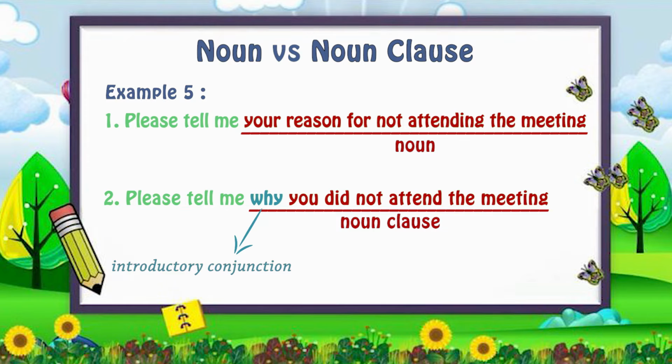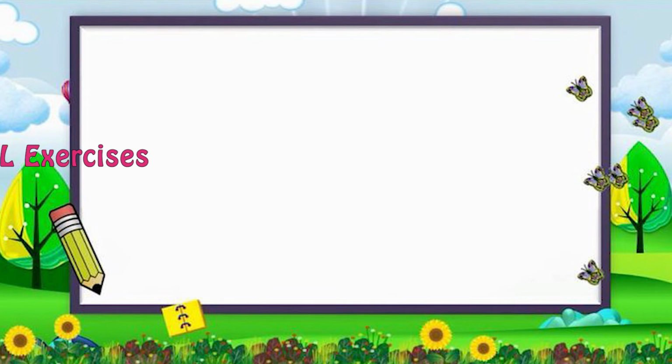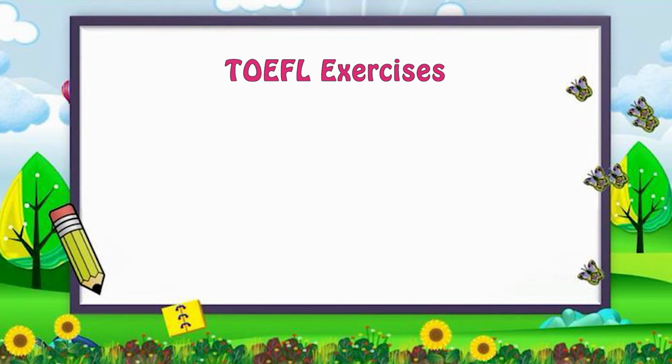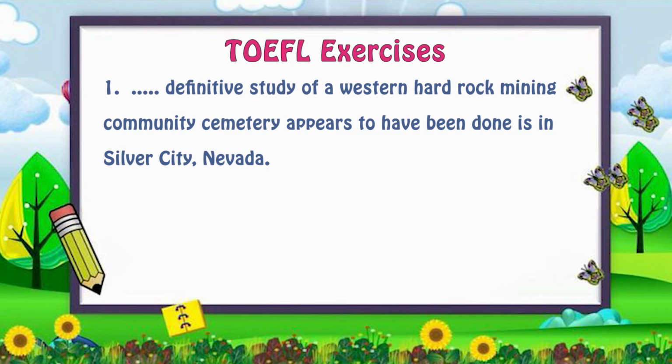Now let's see the examples in the TOEFL exercise. Example number 1 is for sentence completion. Pay attention to the example. Definitive study of a Western hard rock mining community cemetery appears to have been done is in Silver City, Nevada.